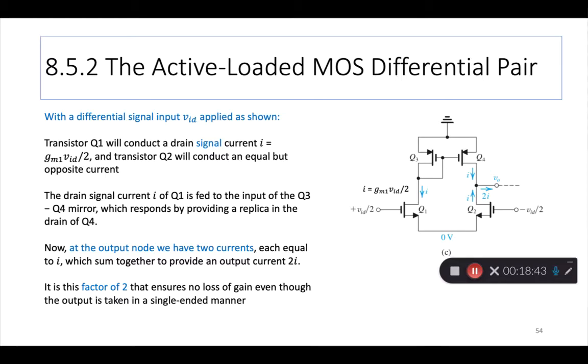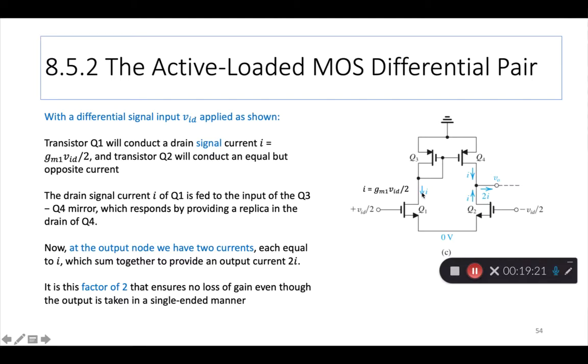the output voltage, the output signal, the gain that you get from this combination, the gain of even the single-ended output is the same as the gain if you had taken the signal differentially. If you had taken the output differentially or if you take it single-endedly, the gain is not reduced, it still stays the same.